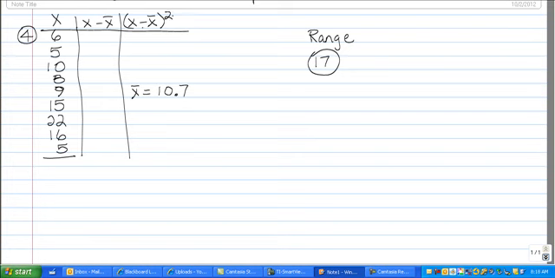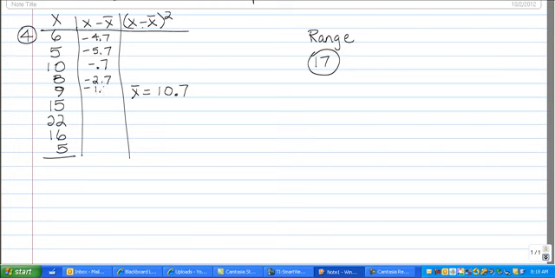So we start with 6 minus the 10.7. We get negative 4.7. 5 minus the 10.7 is going to be negative 5.7. That's going to be a negative 0.7. 8 minus 10.7, negative 2.7.